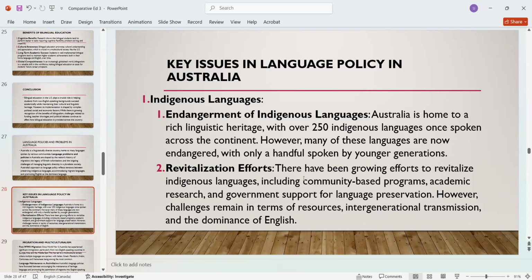Here what happened was with the indigenous languages, right? Normally these old things are like gold, right?